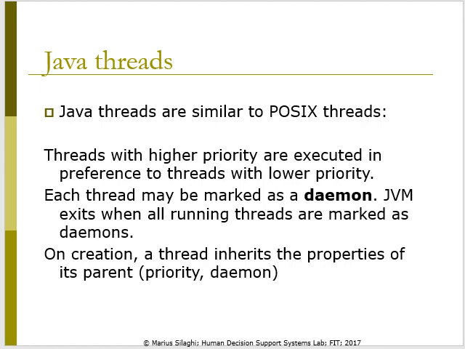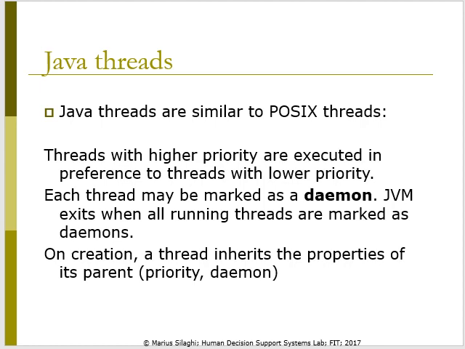And the idea is that if all the remaining threads of a program are marked as daemons, so all the non-daemon threads finished, then the Java virtual machine can just terminate without any further computation.